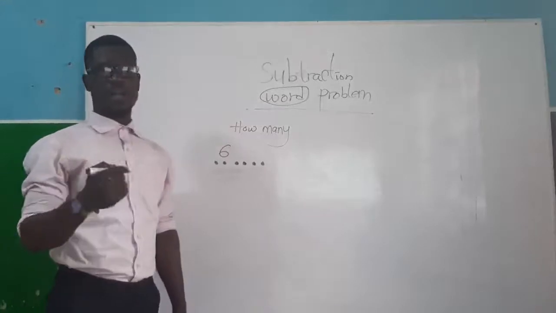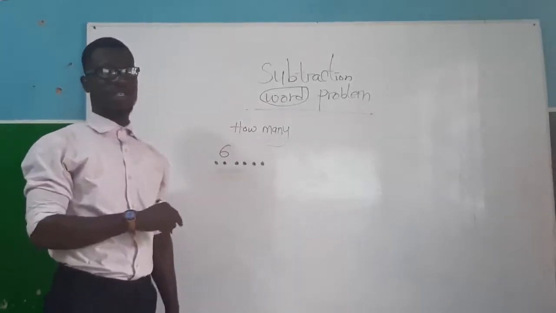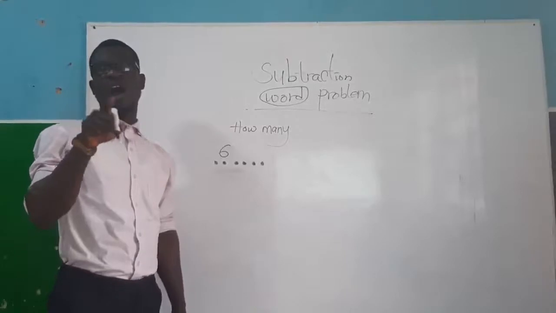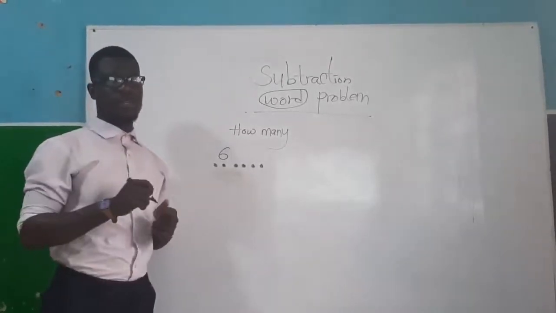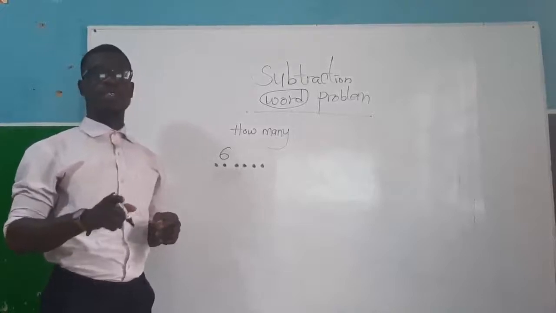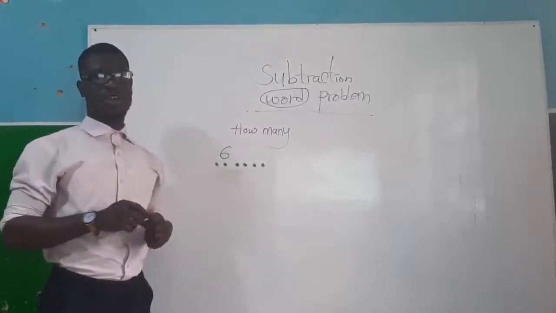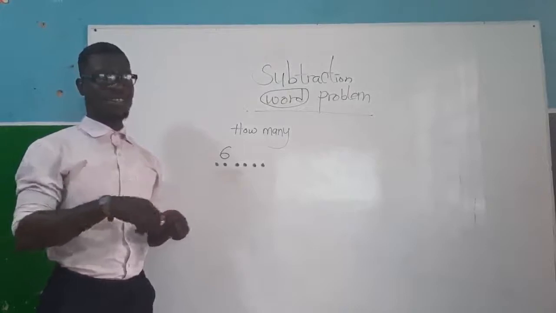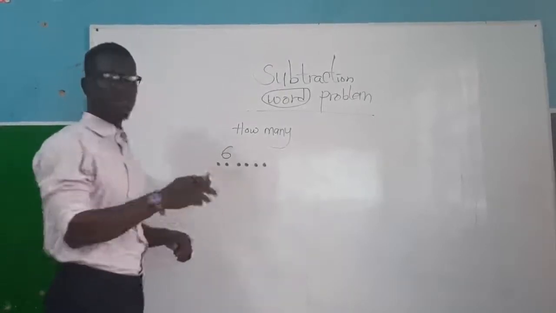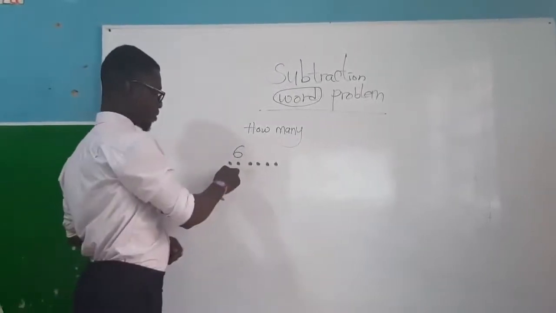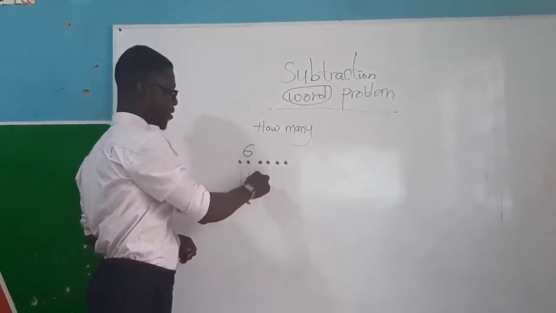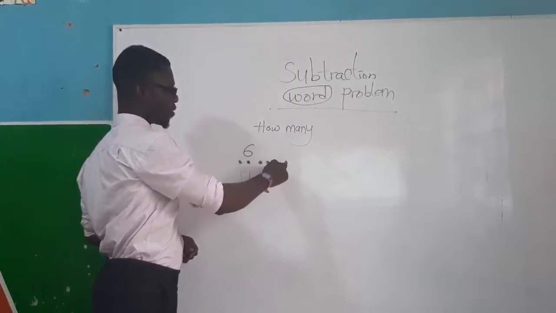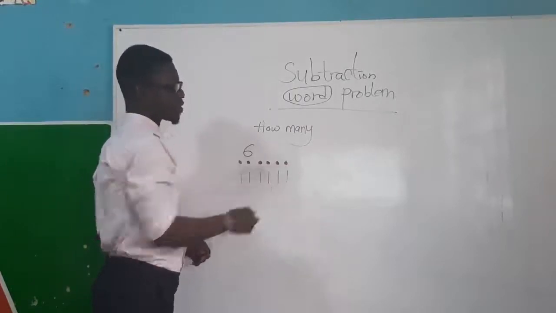There's also another way that you can represent it, and it will be according to how you easily understand. You can use strokes, as in 1, 2, 3, 4, 5, 6.